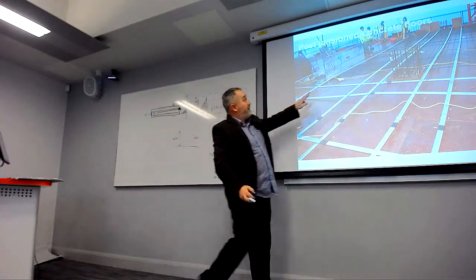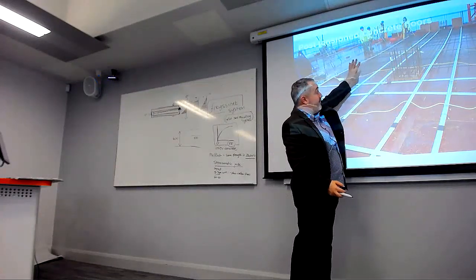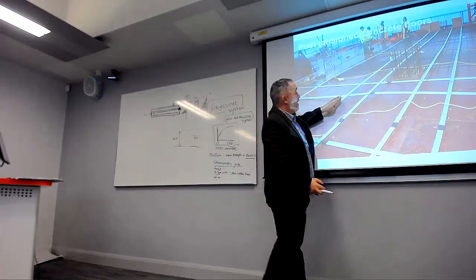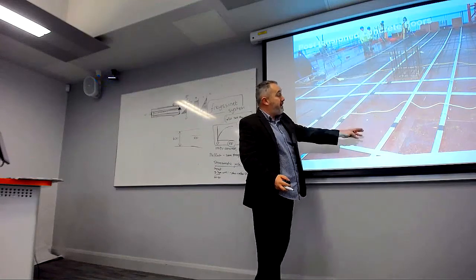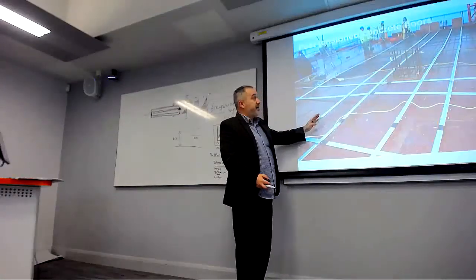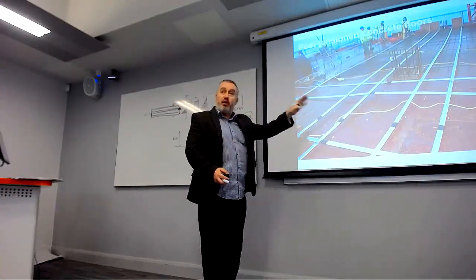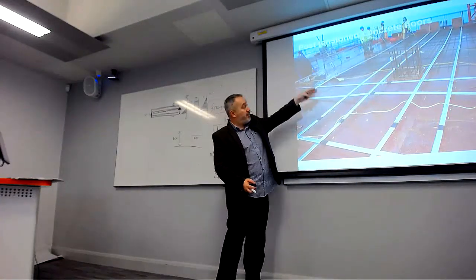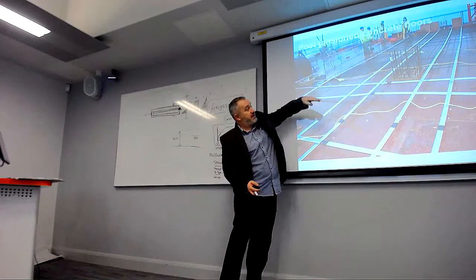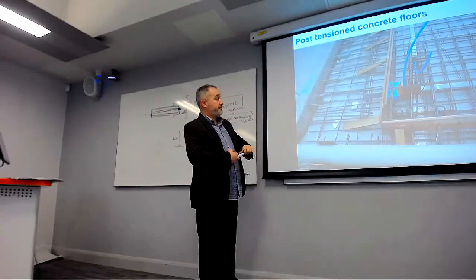Again, you've got the normal reinforcement from in situ, and then you've got your tensioned cables inside of these. Your slab could be one-way spanning or two-way spanning. If it's two-way, it means you've got your tensioned wires in two spans.